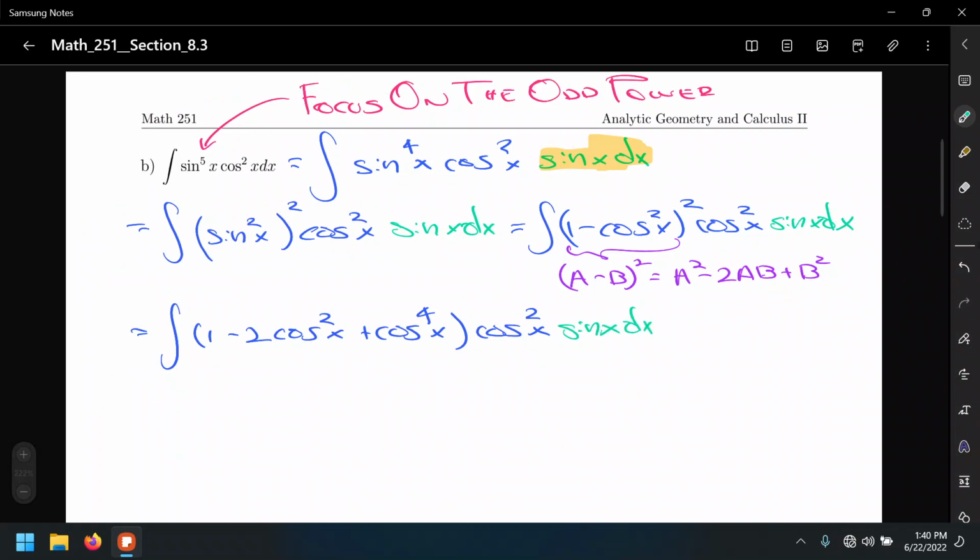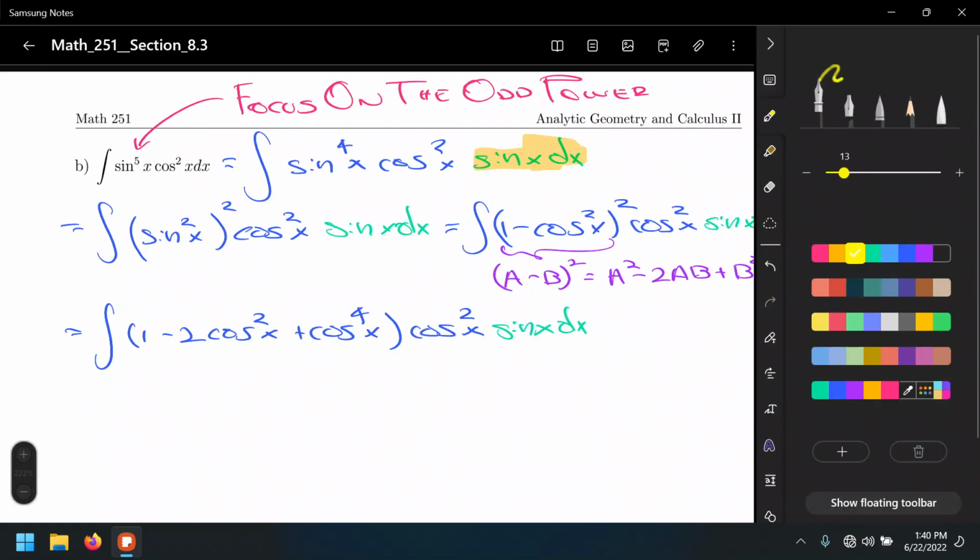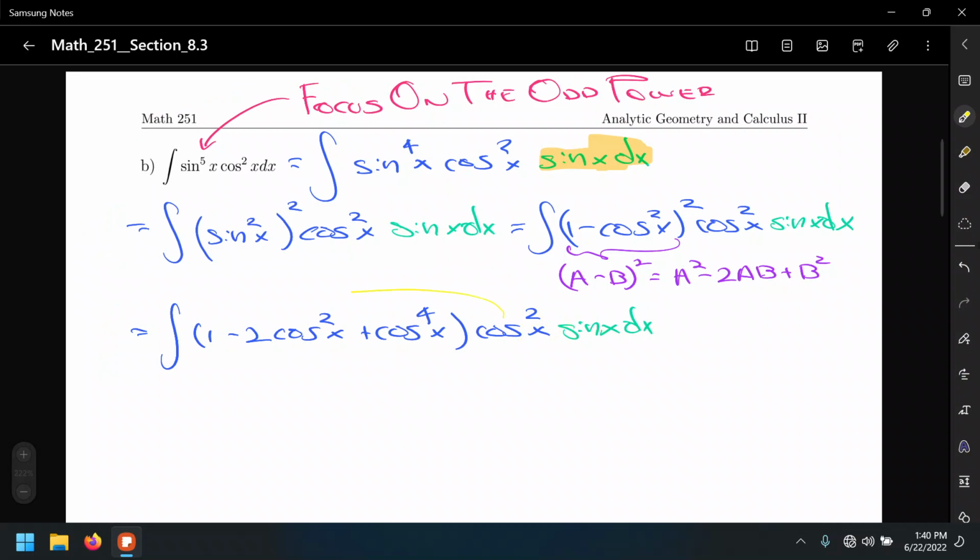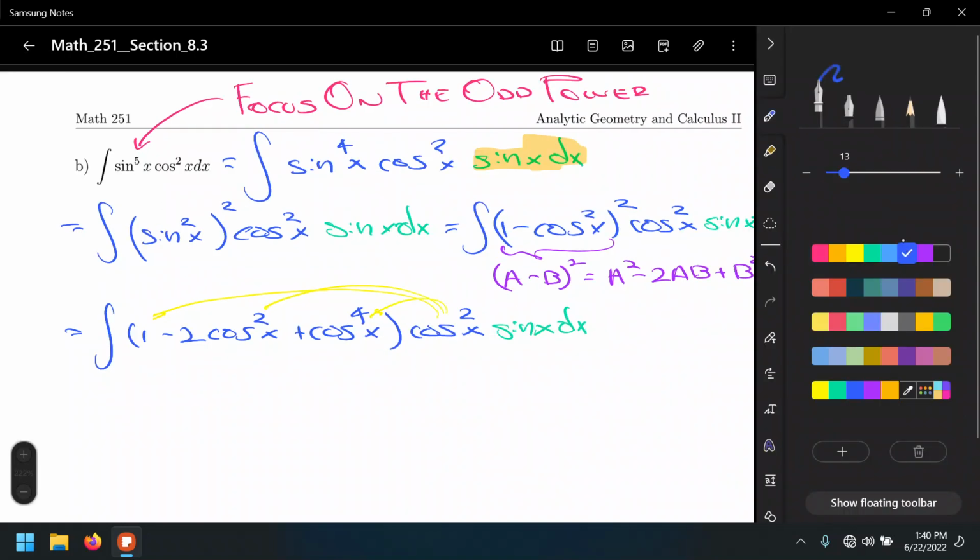Okay? So I think from here we're ready to do the use of, well, not yet. How about we distribute first this cosine squared: times 1, cosine squared times cosine squared, cosine squared times cosine to the 4th.